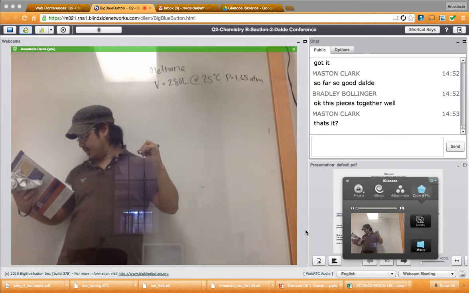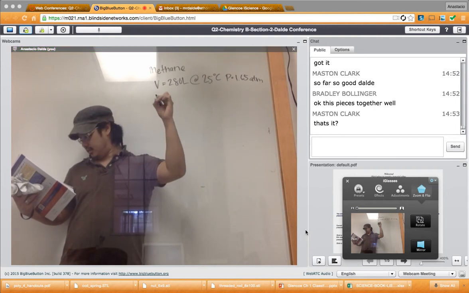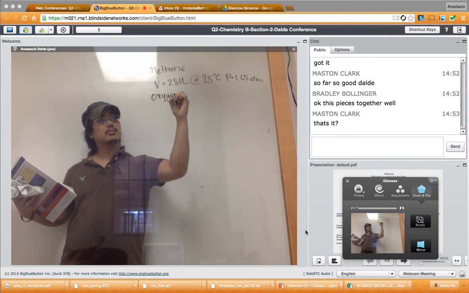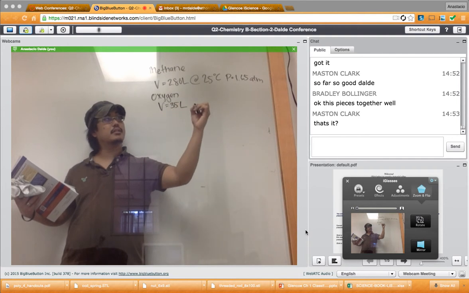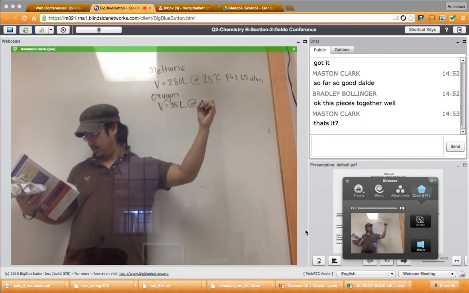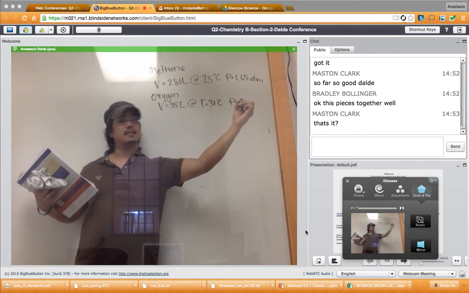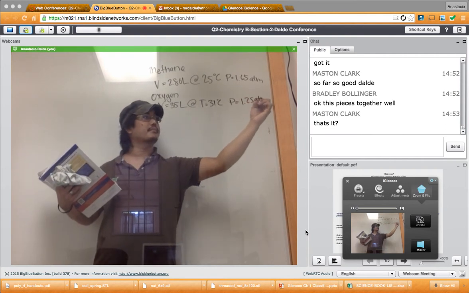And it's mixed with a sample of oxygen that has a volume of 35 liters, temperature is 31 degrees Celsius, and the pressure is at 1.25 atm.